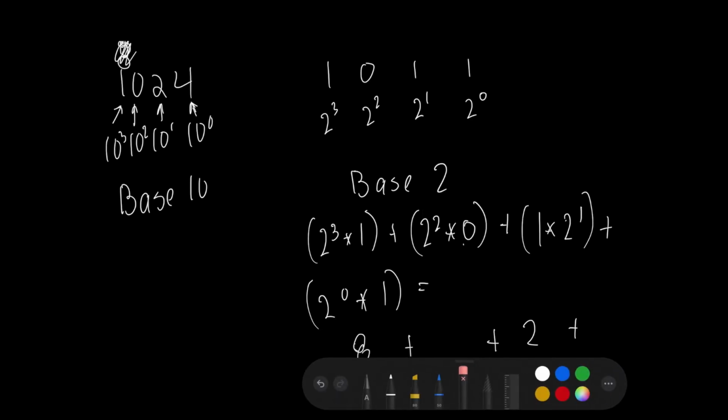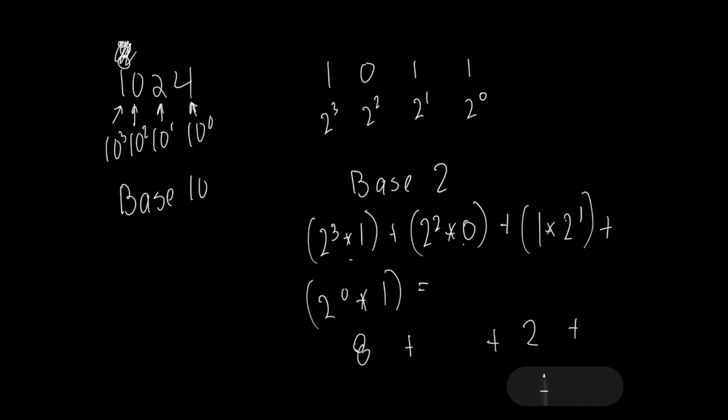It's going to be 8 plus 0 plus 2 right here, and then plus 1. So 2 to the power of 0 is 1 times 1. So that's going to end up being 11. 8 plus 0 plus 2 plus 1 equals 11.